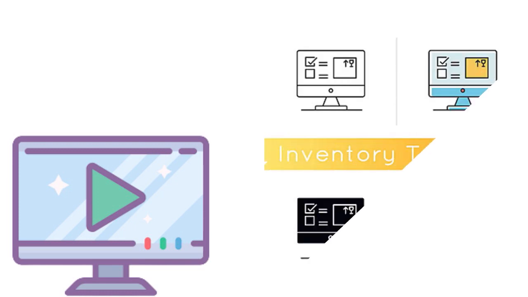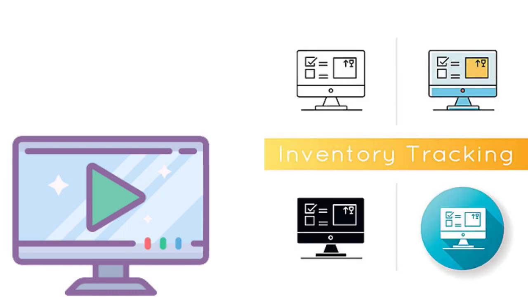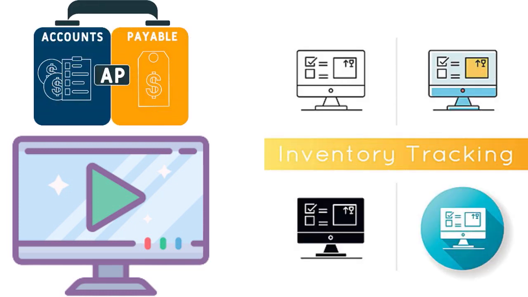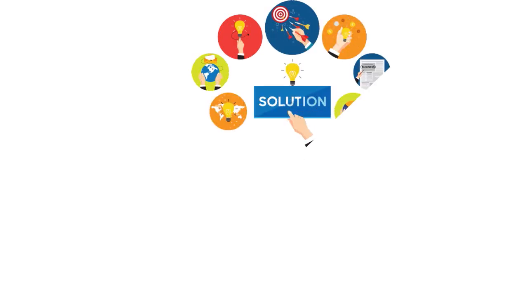At the end of the day, you have to choose the right QuickBooks software for you, and we actually have an entire show that is going to talk about that. But you need to understand that everything should revolve around your scaling needs. Do you need inventory tracking? Do you need invoicing? Do you need accounts payable, accounts receivable? Do you need to scale? Do you need a cloud-based solution?